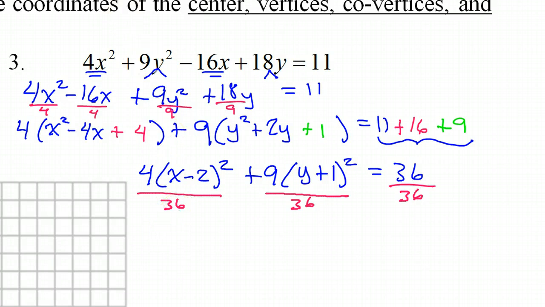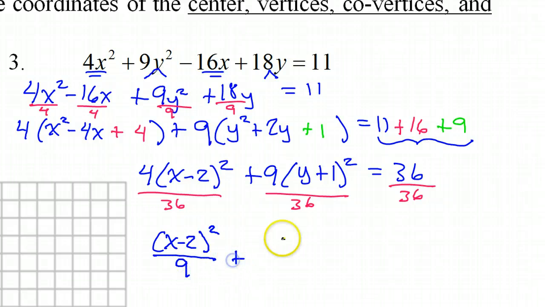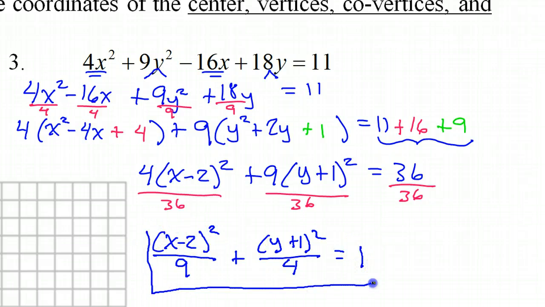So this is going to give me (x minus 2) squared over 9, (y plus 1) squared over 4 for the same reason. 9 goes into 36 4 times. And then, of course, equals 1. So this is the equation that we're using.